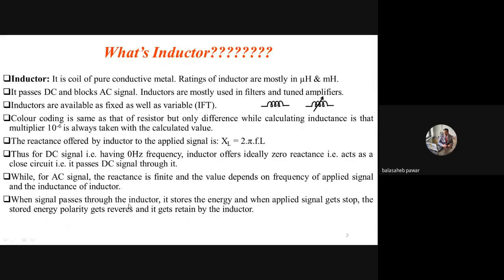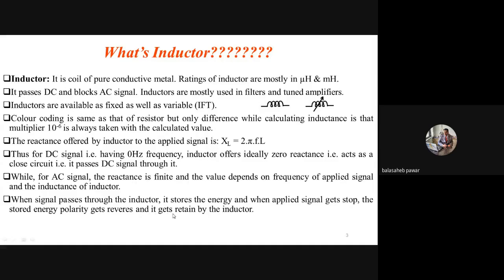Again, one more thing, this is most important, which you have to remember. When a signal passes through the inductor, it stores the energy. That means, similar to the capacitor, which also stores energy whenever we apply a signal to it. So it stores energy, and when the applied signal gets stopped, or the current flowing from the signal source through the inductor becomes 0, you have to remember the stored energy polarity gets reversed, and it gets retained by the inductor.